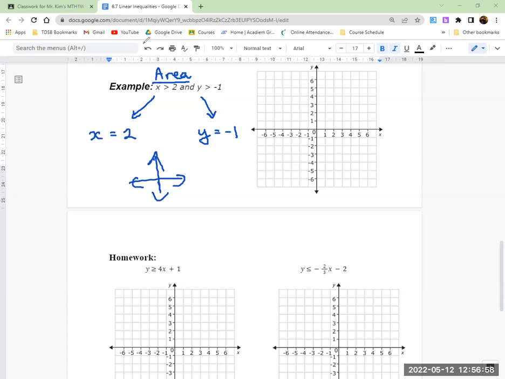Absolutely. But which one is what? So which one's vertical, which one's horizontal? It is, and the y equals -1. Is it a guess or did you figure it out?